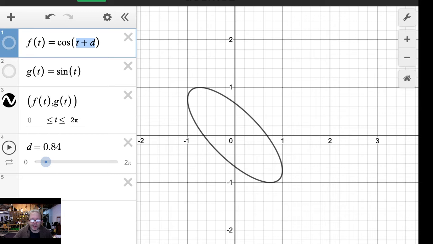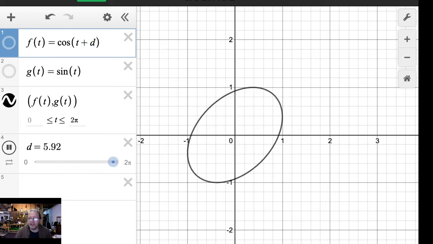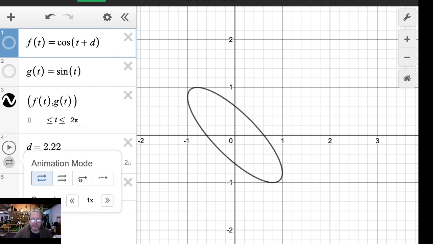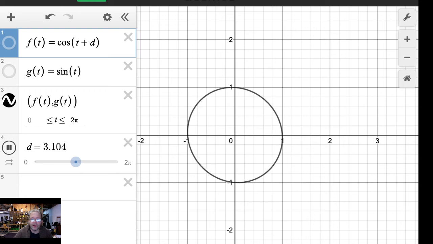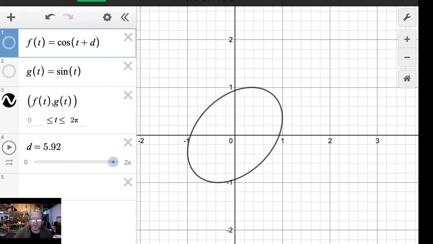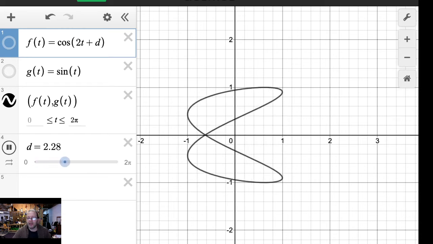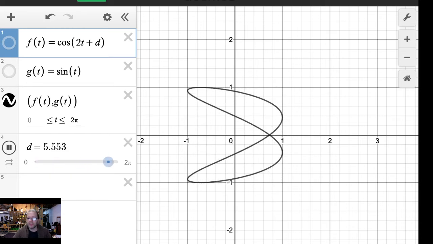But if I take this and animate it, it looks like this thing is sort of spinning. I'm going to change this so that it's only going forward. So we get this sort of fun shape. If I put a 2 up here, then it changes to this, and it looks like it's sort of rotating around there.